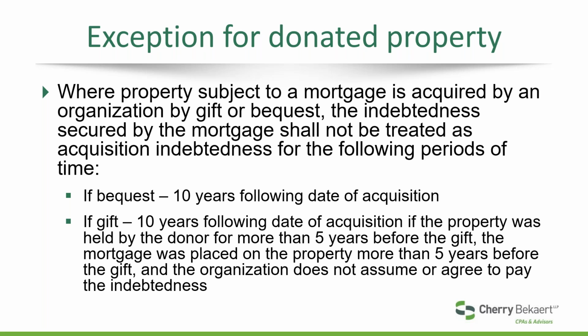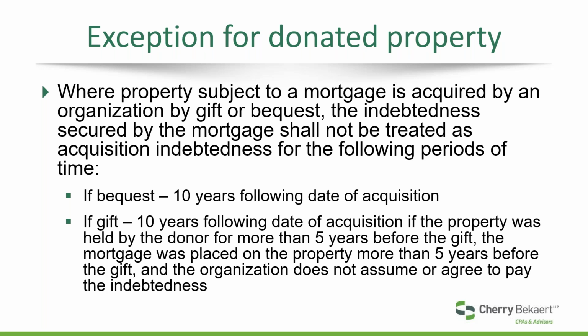For the same to be true for a gift, there are two things that have to be in place as well, which is that the property has to have been held by the donor for more than 5 years prior to the gift, and the mortgage has to have also been placed on the property more than 5 years before the gift. And the organization cannot assume or agree to pay the indebtedness.